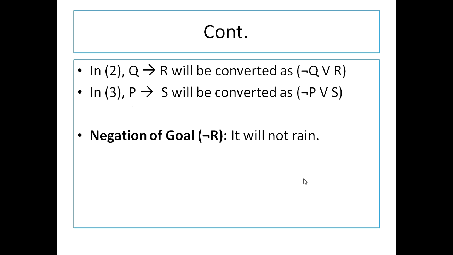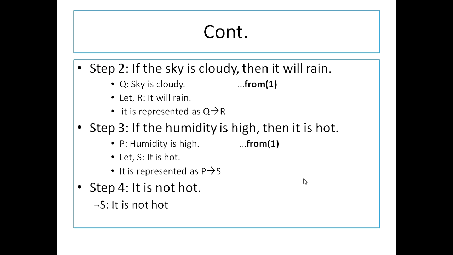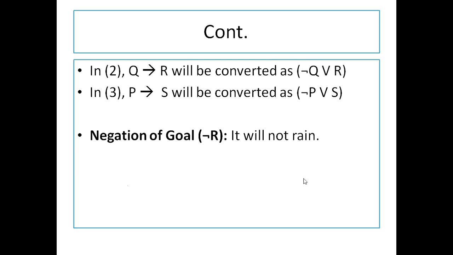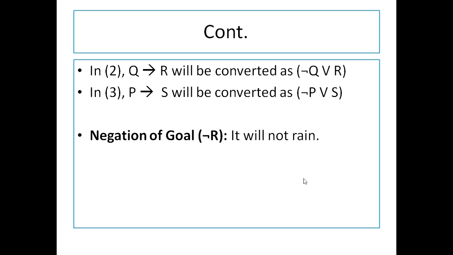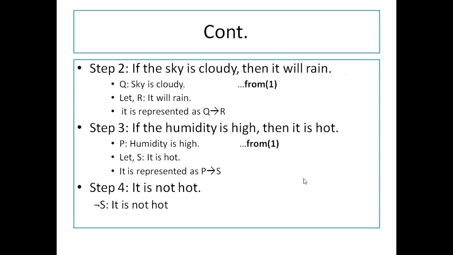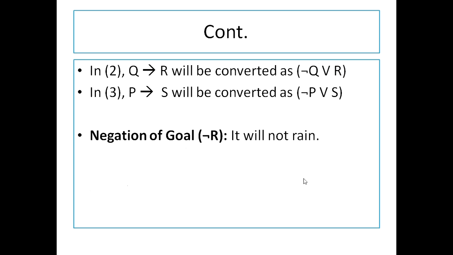Now from step number 2, we can convert if Q then R into negation Q or R. So this is from Horn clause. So we can write if Q then R as negation Q or R. Similarly, in step number 3, you can see we have the logical formula, if P then S. This can be written as negation P or S. Now we have to negate the goal statement.